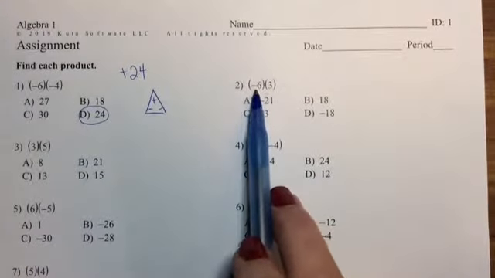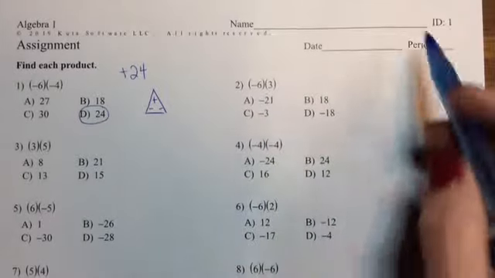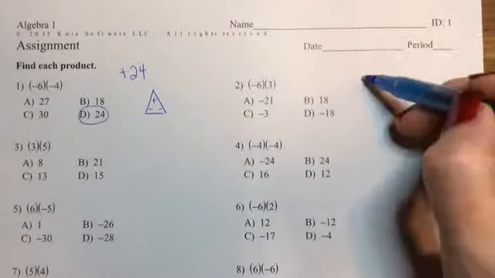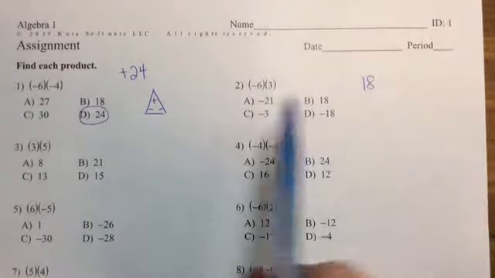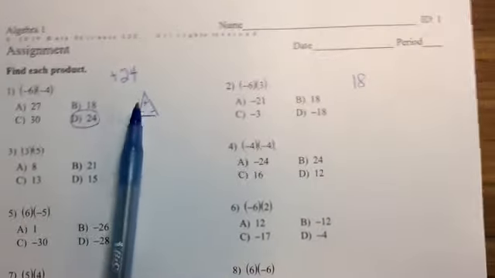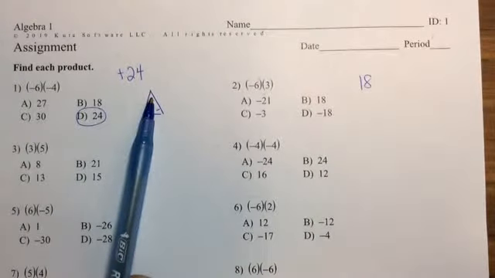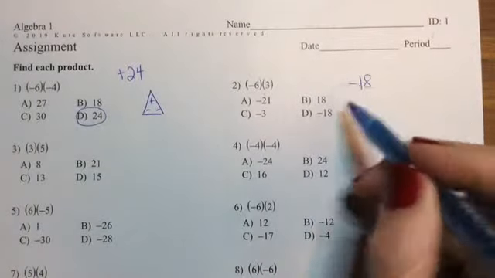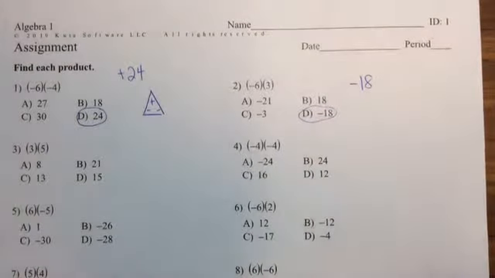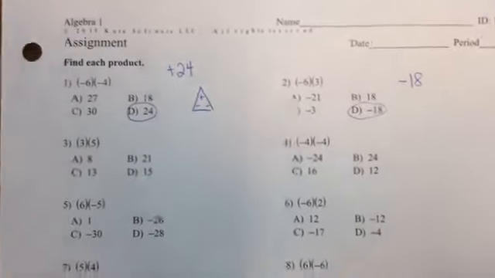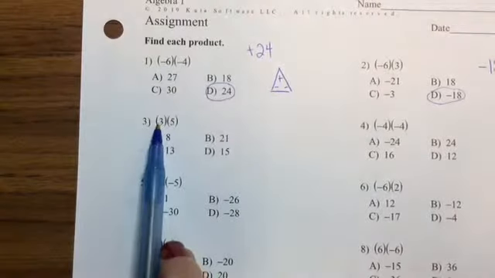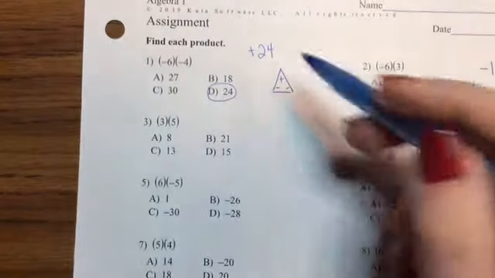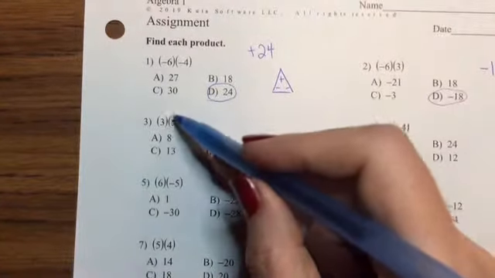Number 2 is negative 6 times 3. Well, 6 times 3 is 18, but I have one of each, so I'm going to cover up the positive and the negative, and my answer will be negative 18. Number 3 says 3 times 5. Both of them are positive, so I don't really have to think about this one.